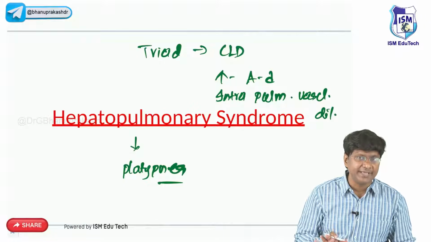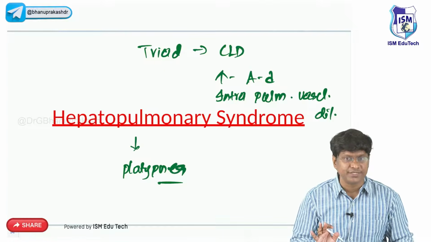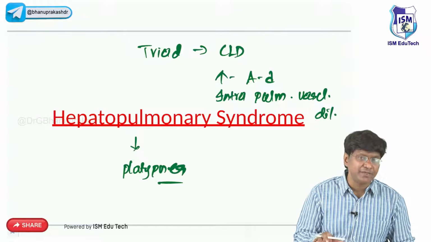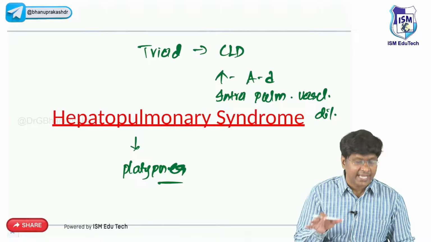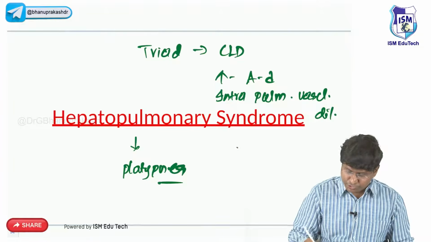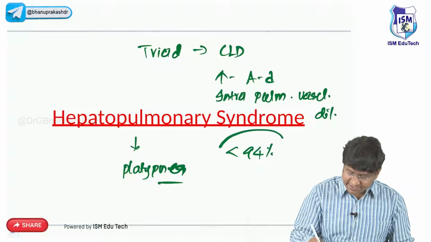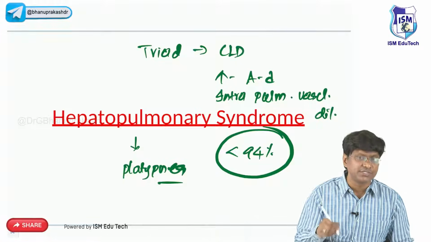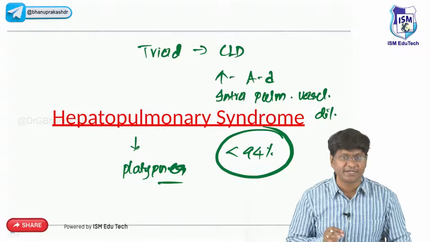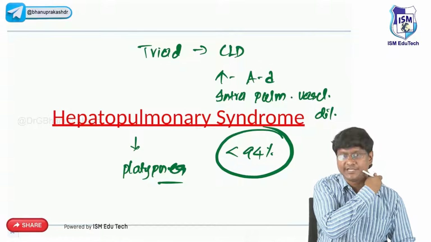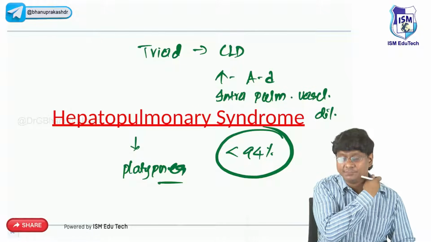Now the presentation will be platypnea orthodeoxia, and the diagnosis should be suspected. When will you consider hepatopulmonary syndrome? You will consider it in a cirrhotic patient with pulse oximetry showing saturation less than 94%. Now, what is the investigation of choice that will confirm the diagnosis?